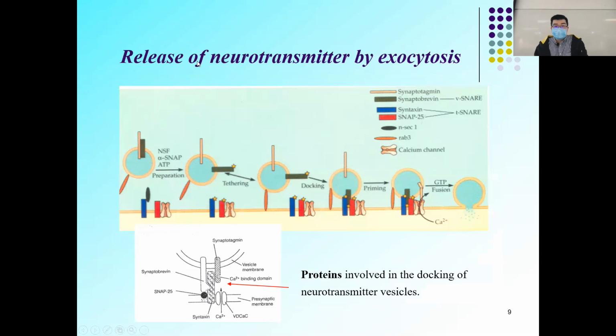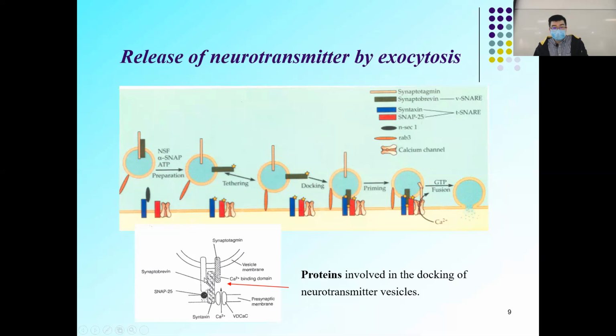So for the release of the neurotransmitter by exocytosis, you can see that we now start to talk about the components. Both the vesicle and the transmembrane protein are involved in that. Two of the important ones are called the V-SNARE and T-SNARE, and we will talk about those in more detail. This is one example of how they actually combine. That is the so-called docking.